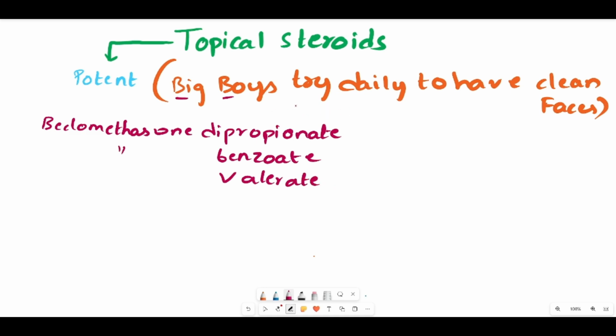Now the next letter is T. With the letter T we have one drug which is triamcinolone, and this is also additionally having acetonide.